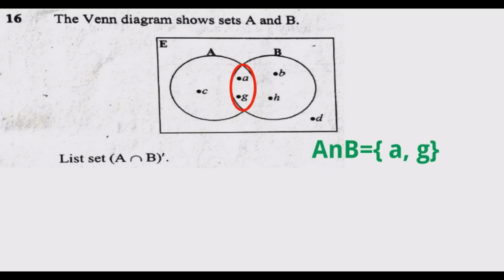This means that we list the members of a set that is excluding A intersection B members. So that means we exclude A and G from this set.